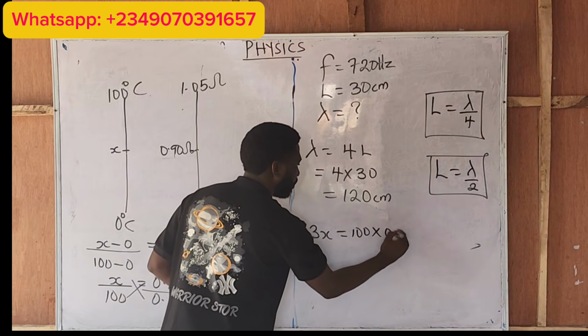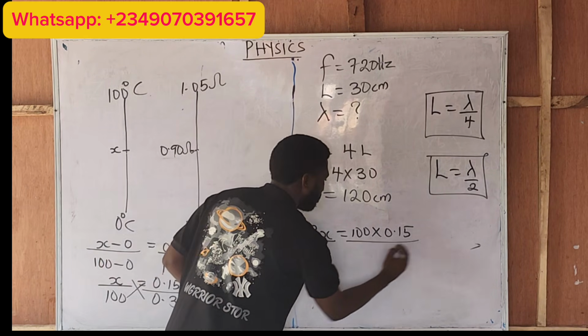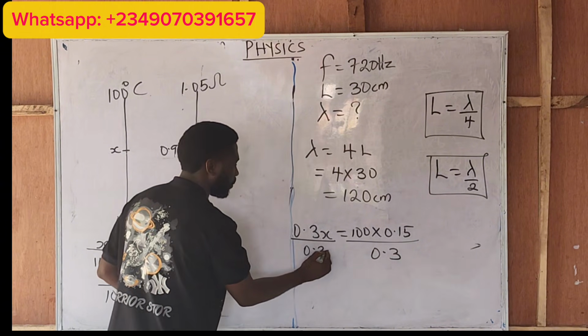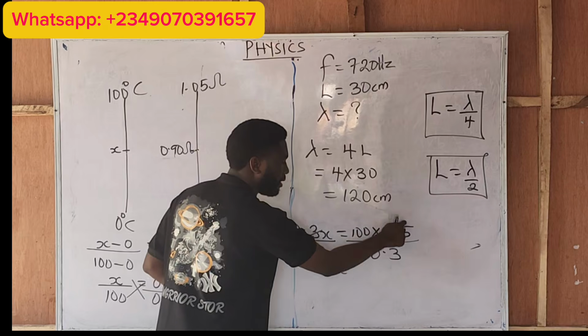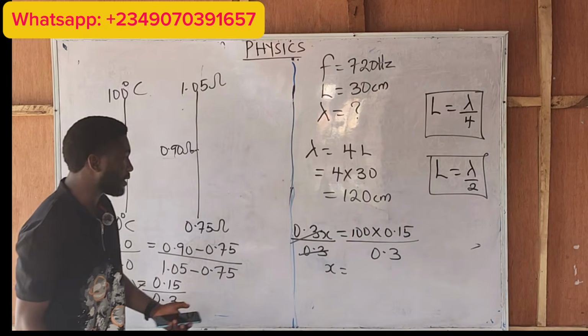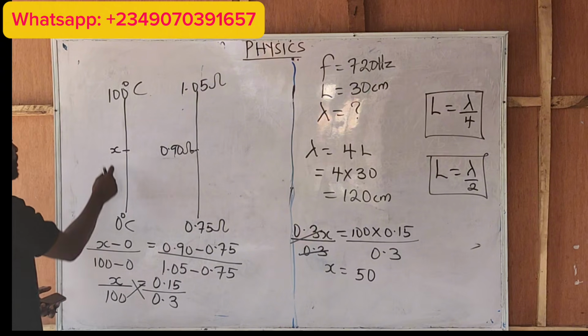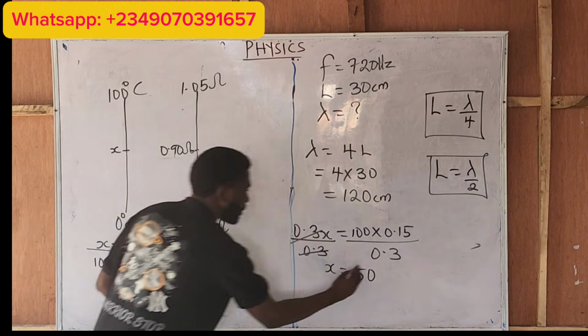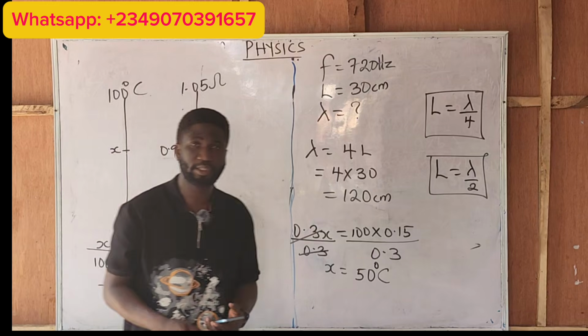Divide both sides by 0.3, so 0.3 cancels 0.3. So x equals 100 times 0.15 divided by 0.3, and the answer is going to give us 50. So 50 what? 50 degrees Celsius. That's 50 degrees Celsius. I hope you understand.